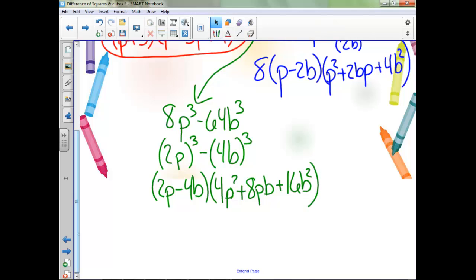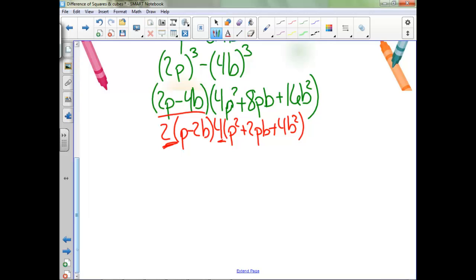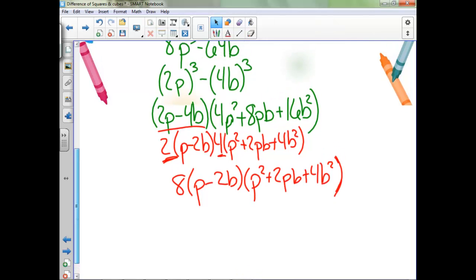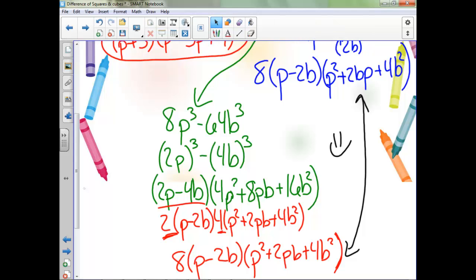And now notice there's still a 2 we can factor out of here, and a 4 we can factor out of here. And combining this 2 and the 4, that is the same thing we got up here in the blue. So it doesn't matter as long as you get everything factored in the end. If you don't see it till the end, that's fine.